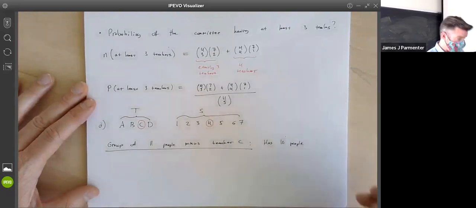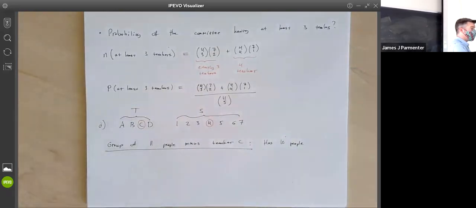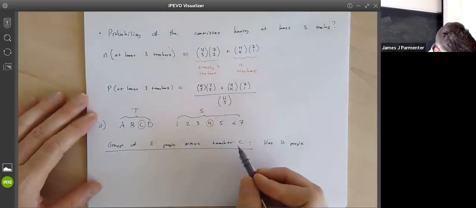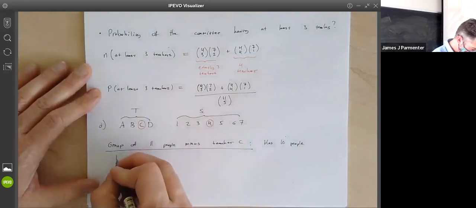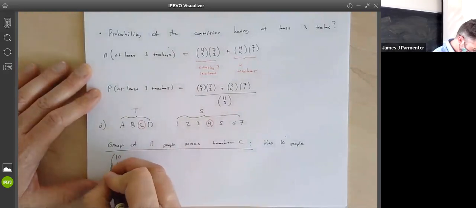And from that group of 10 people that doesn't include teacher C, I can pick any 5 of them. Because any 5 that I pick, am I thinking this the right way? Well, let's go through with it this way and then we'll see. So I'm thinking what we can do is from this group of 10, we can pick any 5.